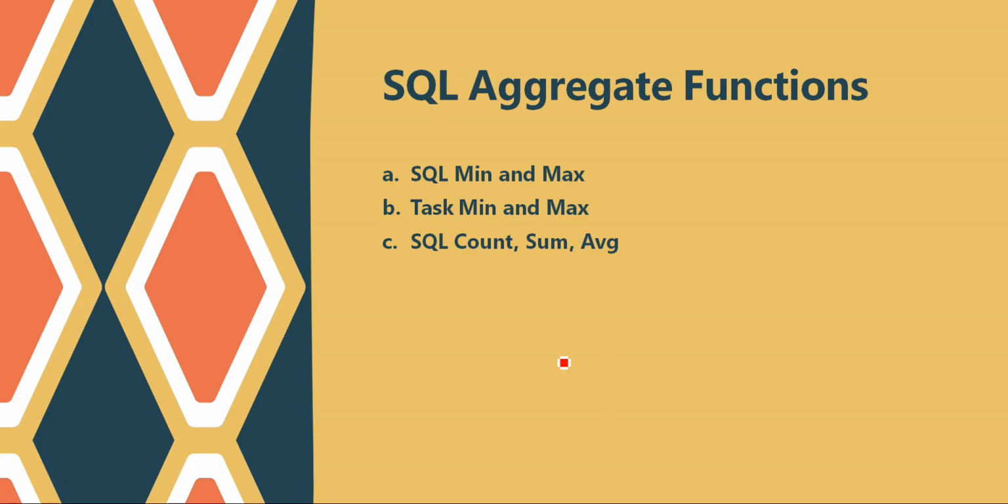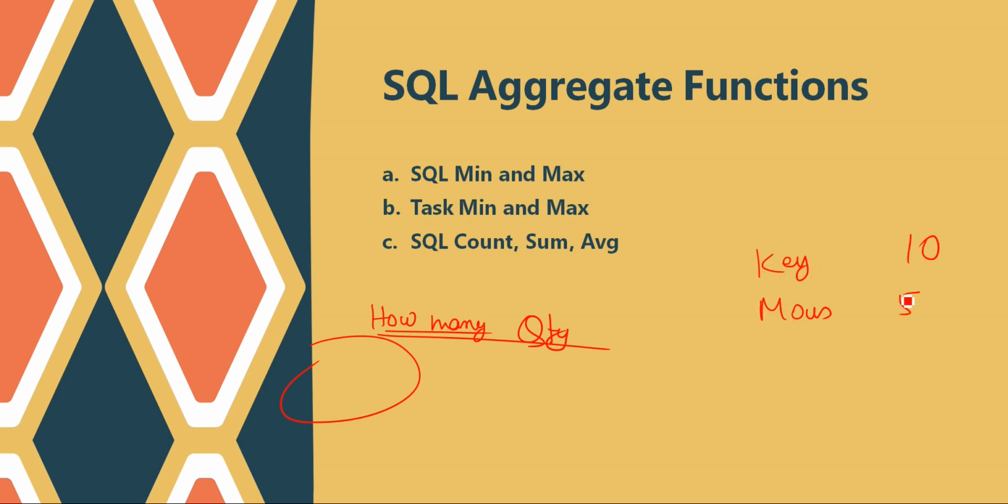So let's say I am going to run my e-commerce business and I am interested to know how many total products we have. Not the count, but the value. How much total quantity do I have? Let's say I have keyboards of 10, mouse I have 50.